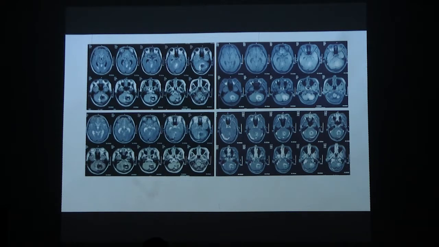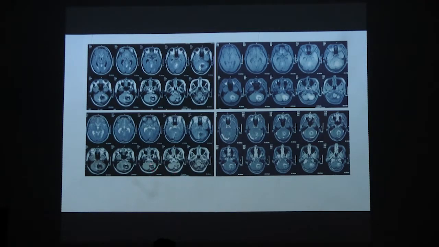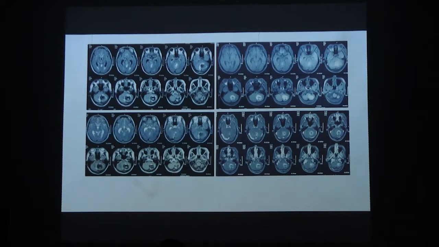If you take a look at the picture on T2, we know that there is a bleeding, and it's probably multiple bleeding, because the image is a very typical picture of multiple bleeds of a cavernoma, because the blood inside is of different ages.